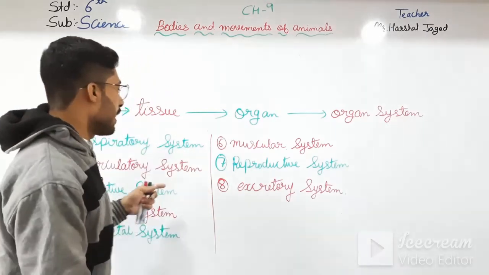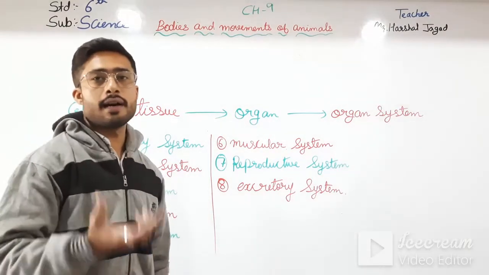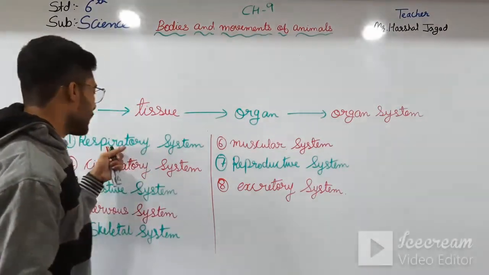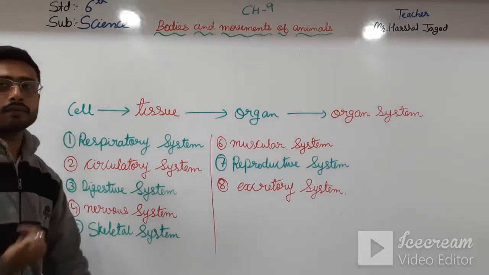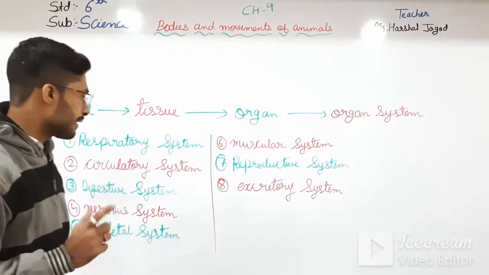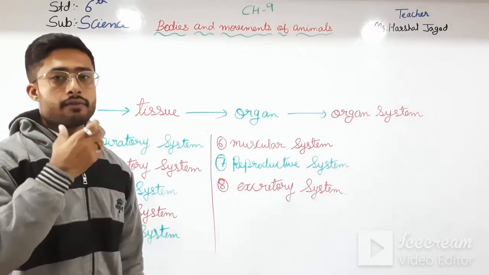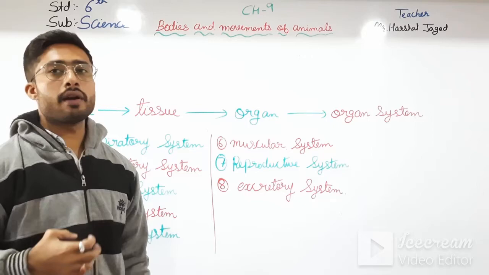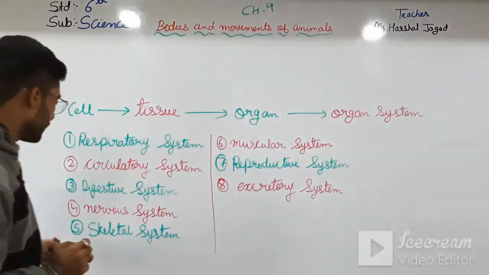Okay, students? How? For the respiratory system, we know without oxygen we can't live, so that system is used. Circulatory system means the flowing of the blood through our body. That is also necessary. Digestive system means what we eat should be digested by our body, and from that the nutrition and energy will be taken by this system.